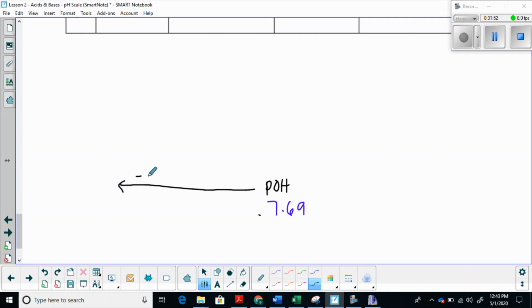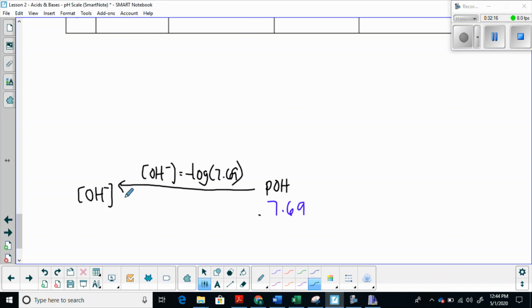So I'm going negative, hydroxide is equal to 10 to the negative of my pOH. So 7.69.